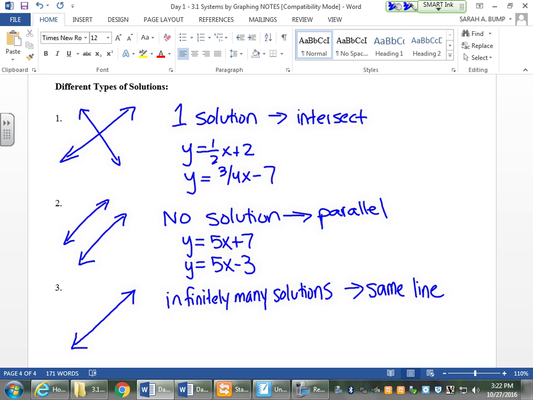You could either write the equation twice, or if you wanted to get creative, if one of them was y equals 2x plus 3, maybe multiply everything by 4. So 4y equals 8x plus 12. Those are really the same line, just in disguise. Those would be the same line. One of them is just a multiple of the other one.